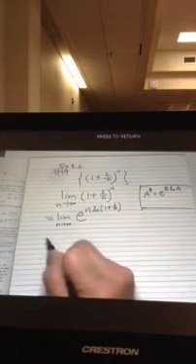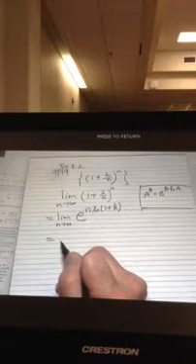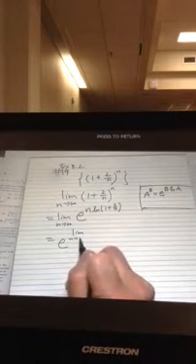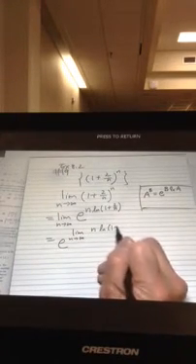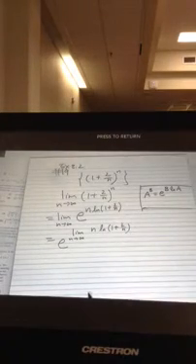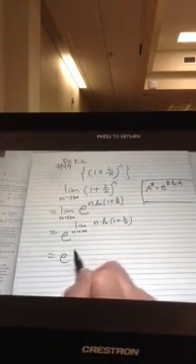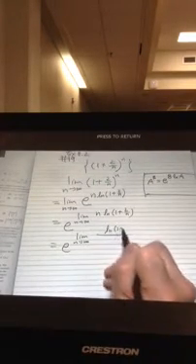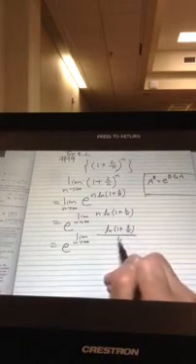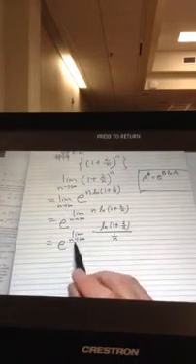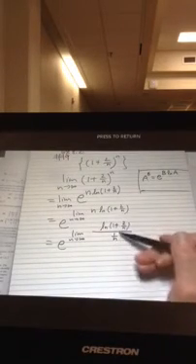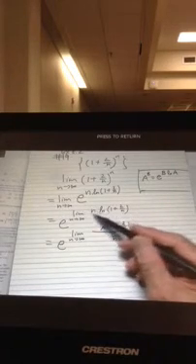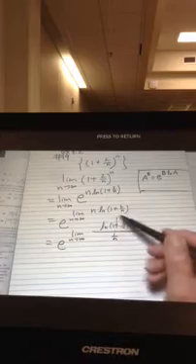I can bring the limit into the exponent, as n goes to infinity, and then use L'Hopital's rule for this one. I rewrite it into this form by dividing both numerator and denominator by n.